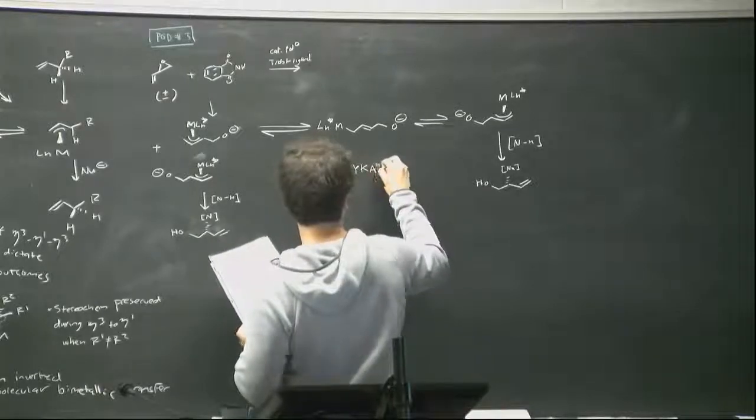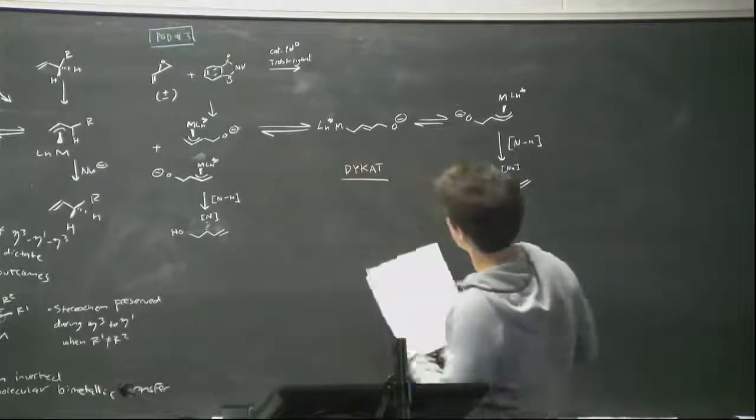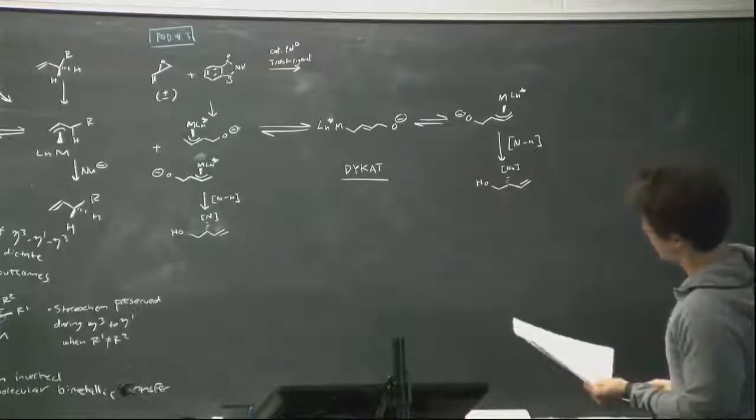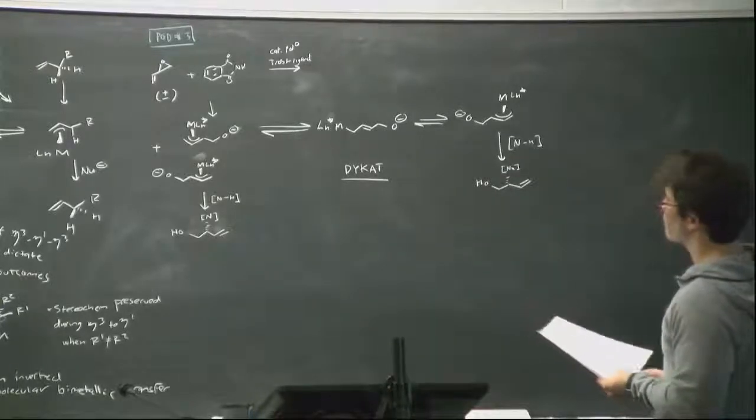And this is an example of what's called a DYKAT, a dynamic kinetic asymmetric transformation.